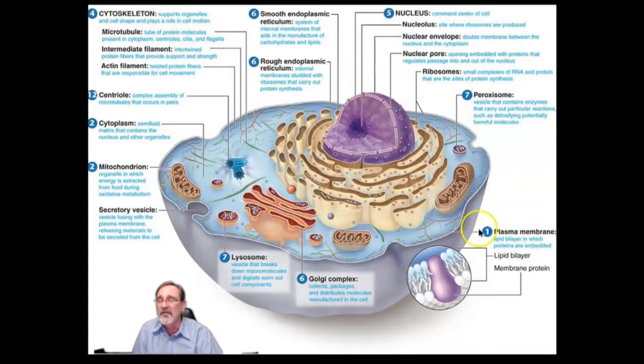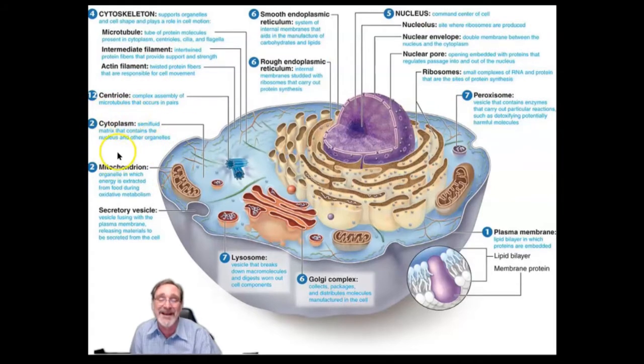Number one over here is the plasma membrane. Say plasma membrane. Okay? Number two. Where's number two on this? Cytoplasm. Say cytoplasm. What cytoplasm is, think of it as the goo that's inside of a cell.